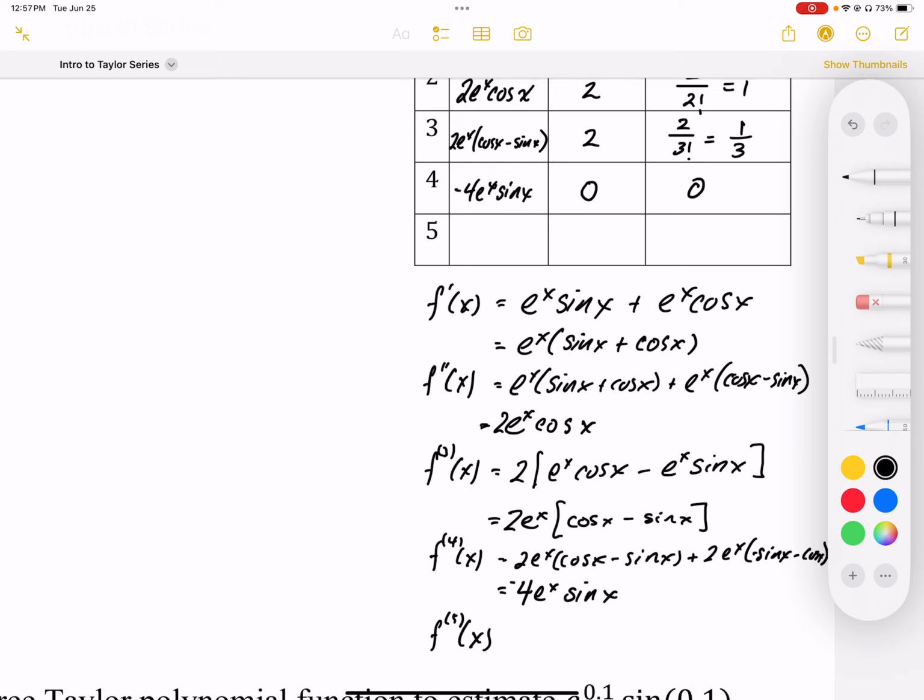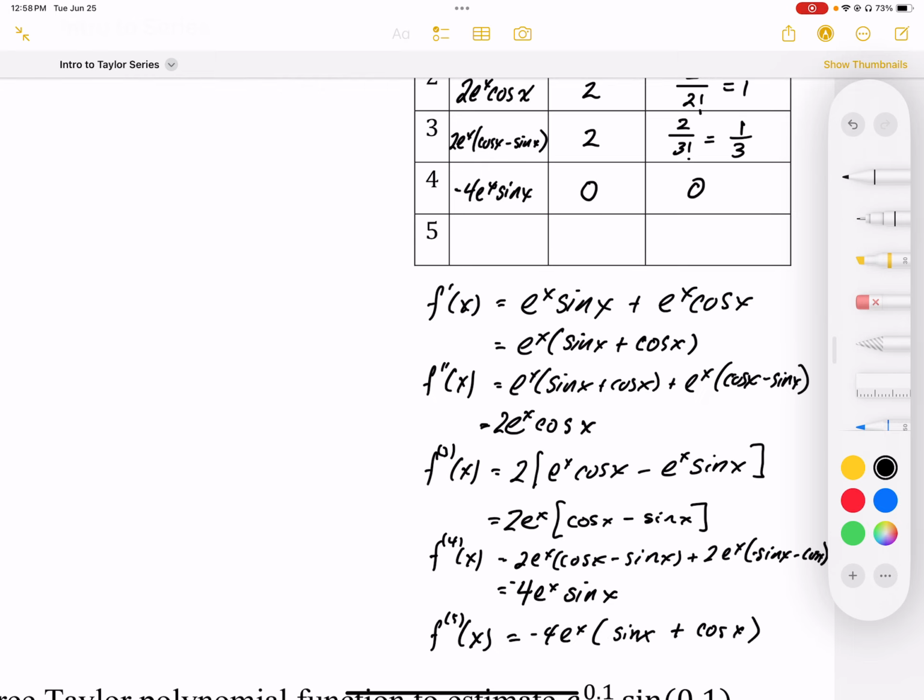And then our last derivative, we're going to end up with negative 4e to the x, and this is going to be (cos x plus sine x), sorry, it's going to be sine x, and then we're going to differentiate, we're not going to differentiate e to the x, and we're going to differentiate sine x, so we're going to get cos x.